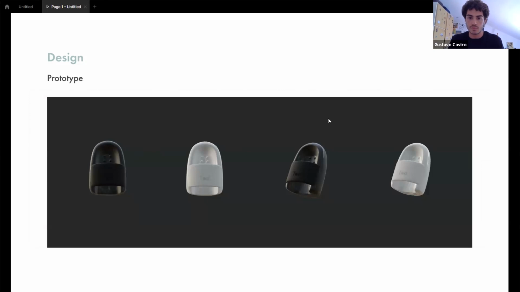Then we finally got to our final prototype and the final design and visual of our device. We made two different models, black and white, and we also decided to name it TOD, T-O-D, which backwards means dot, which is the fundamental unit of the braille system.